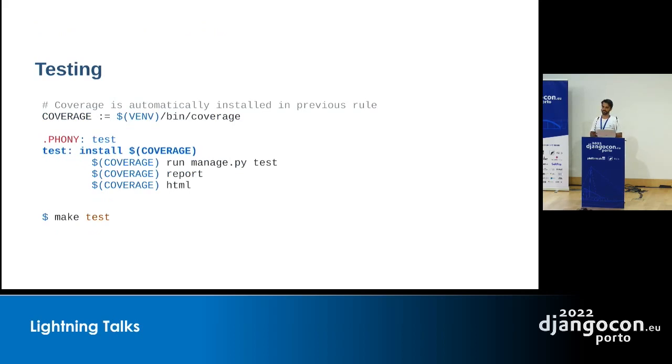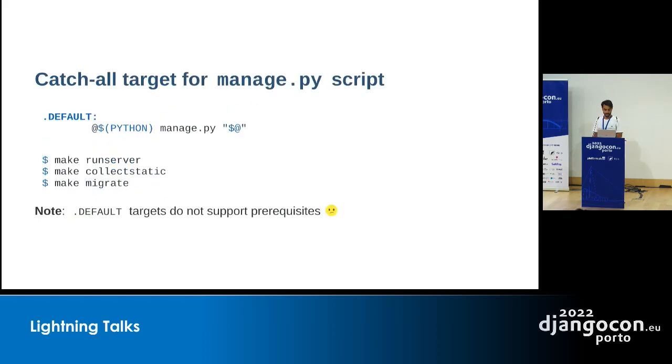Also, make is quite nice to automate some small steps or commands that we usually do during our development lifetime. Usually, we would use tox or Nox or PyInvoke for this kind of stuff, but make is native, so it's nice to be able to quickly program these different lines.